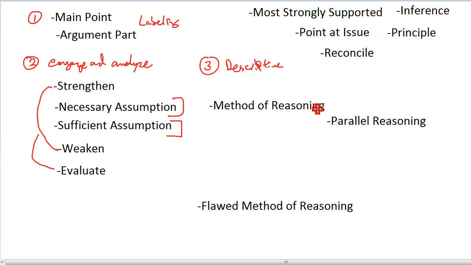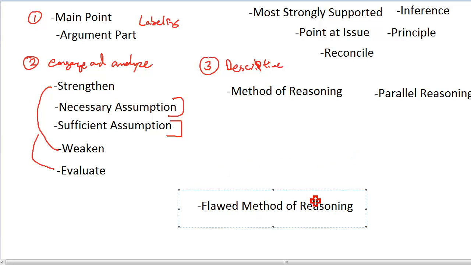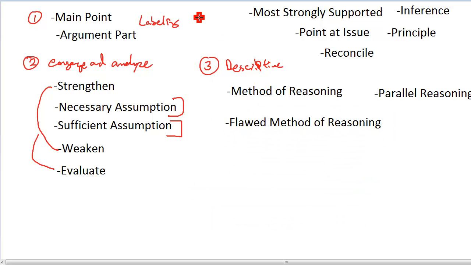If you think about a typical method of reasoning question, the question stem says, which one of the following, the argument proceeds by. That's the simplest type of method of reasoning question. And all of your answer choices will begin with verbs, or the verb has been embedded into the question stem itself.